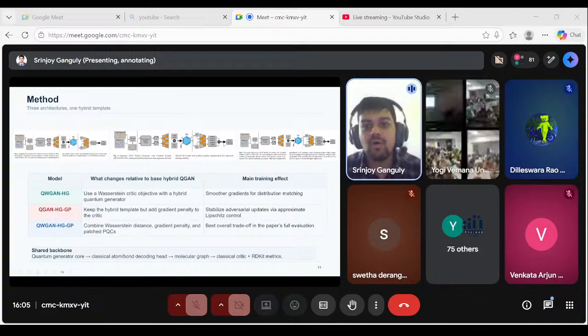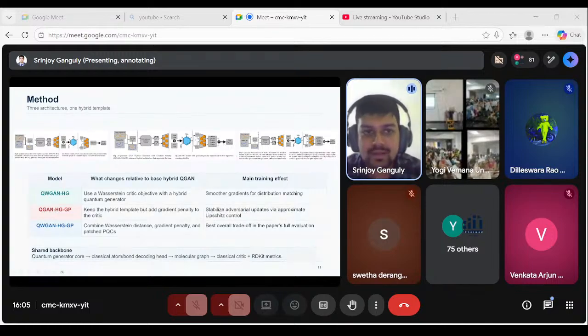So this is a standard model which was used before by IBM. Then what we do is that we have applied Wasserstein distance to this sort of model, and then Wasserstein with gradient penalty.